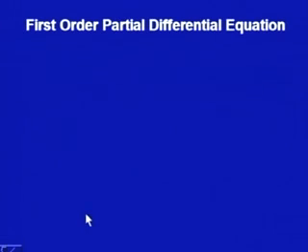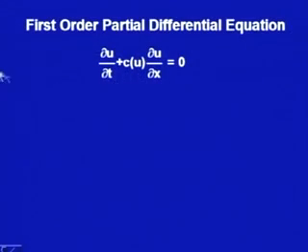Now, let us come to the first order partial differential equation. I will take the simplest example of a first order partial differential equation, del u over del t plus C(u) times del u over del x is equal to 0.